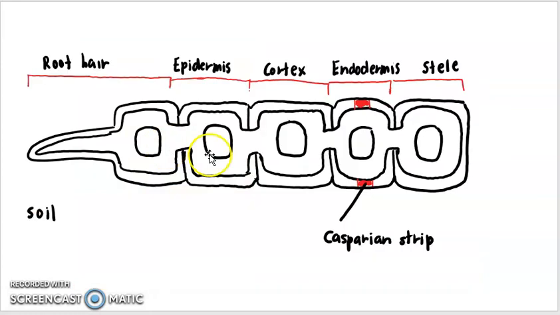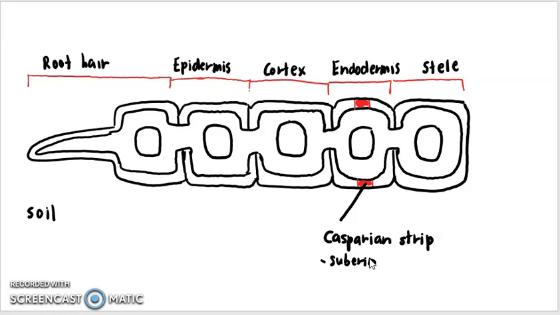If you look at this diagram, as we discussed, this is the root hair, then epidermis, cortex, endodermis and also the stele. At the stele there is the xylem vessel. At the endodermis there is a Casparian strip, which contains suberin. Based on the characteristic of suberin, it is waterproof, so water cannot pass through suberin.